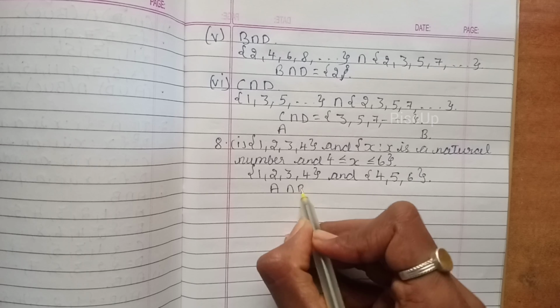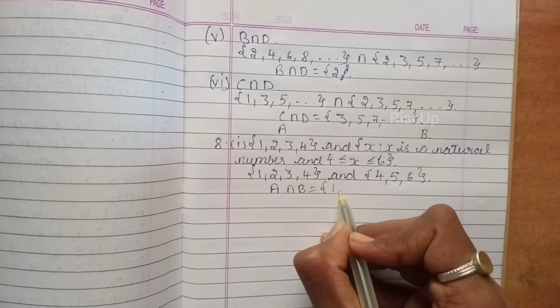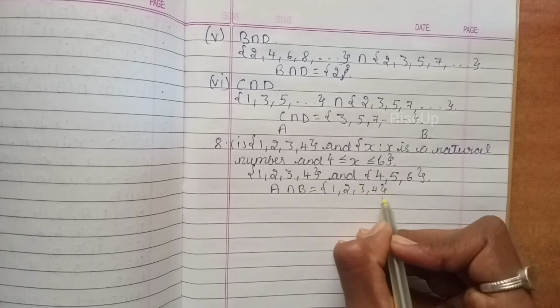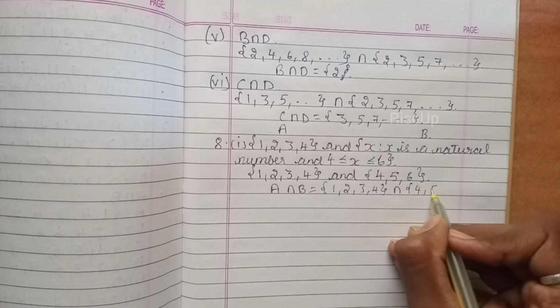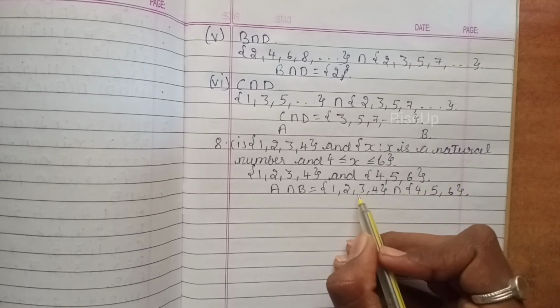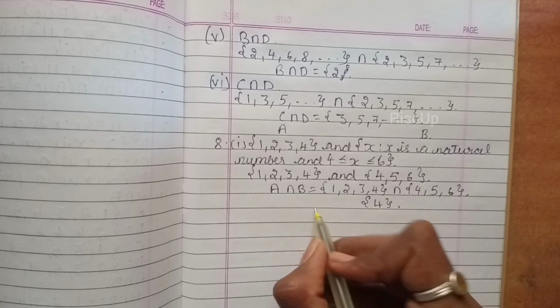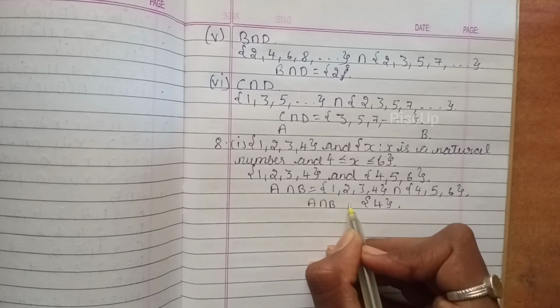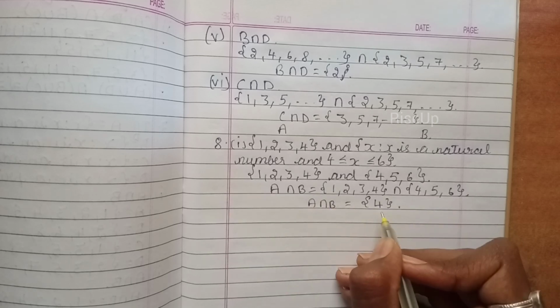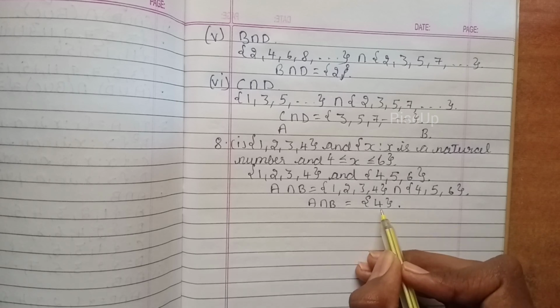A intersection B, this is the question. {1, 2, 3, 4} intersection {4, 5, 6}. What are the elements common? 4 is the only element which is common. So A intersection B is equal to {4}. One element is common.